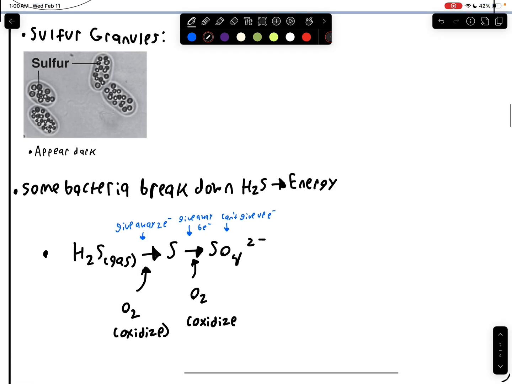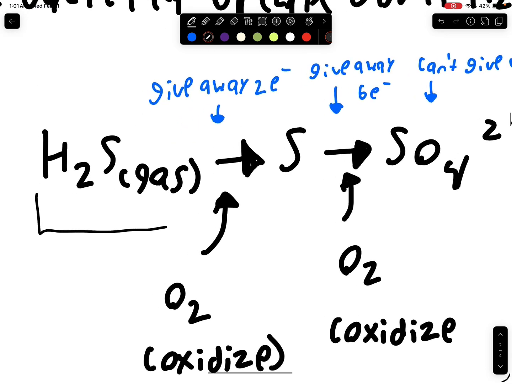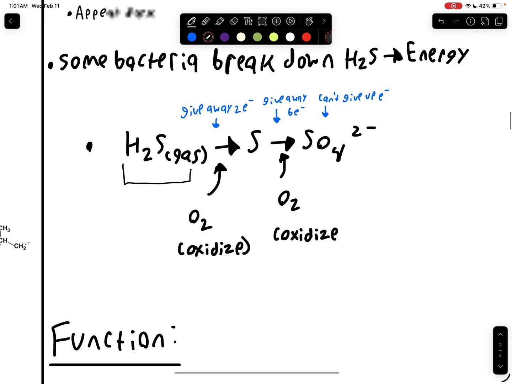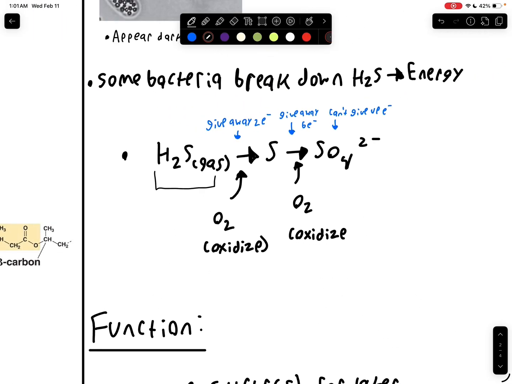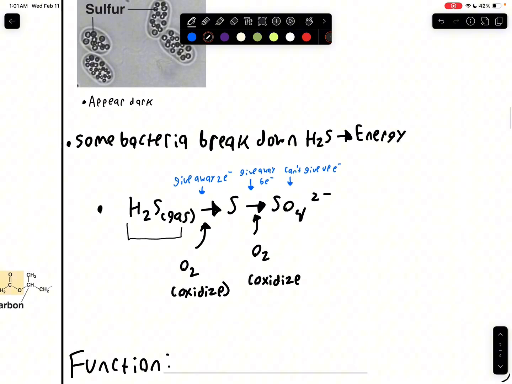The reason for this is because, first off, only some bacteria break down H2S into energy, right? And again, if you're not familiar with these terms, you can just follow along. So you have this H2S gas, meaning sulfur. This is a gas that's in the environment. Some bacteria can break that down and they use it for energy. This is their quote-unquote food source.